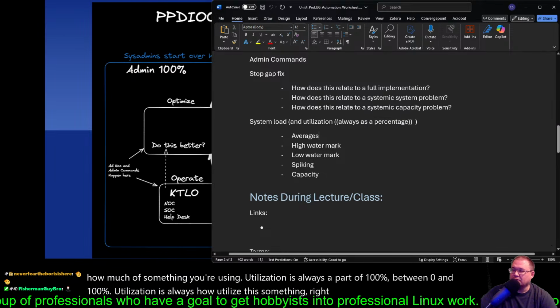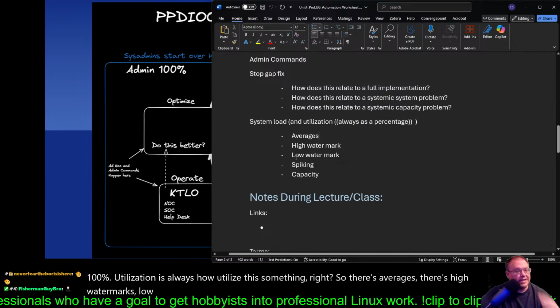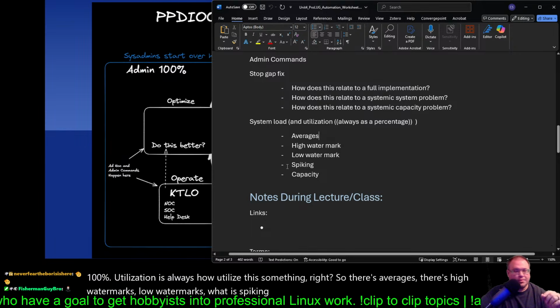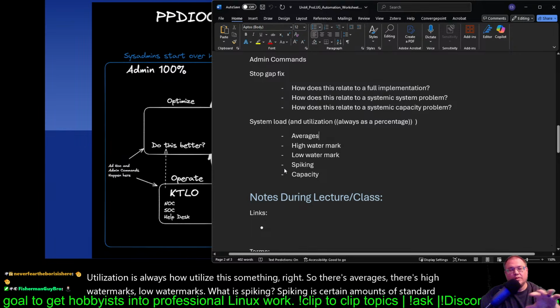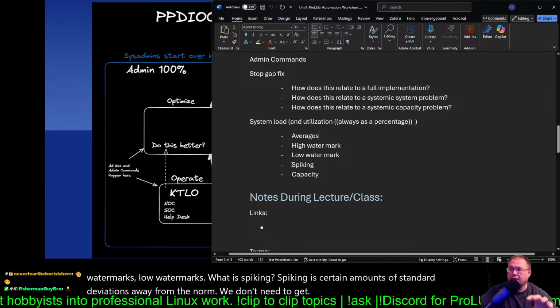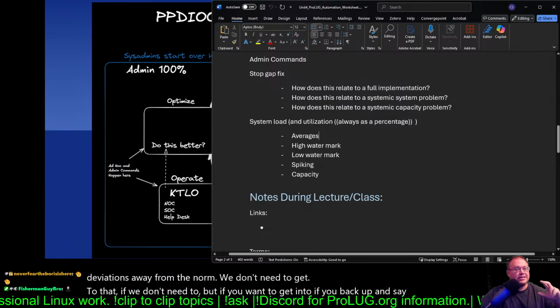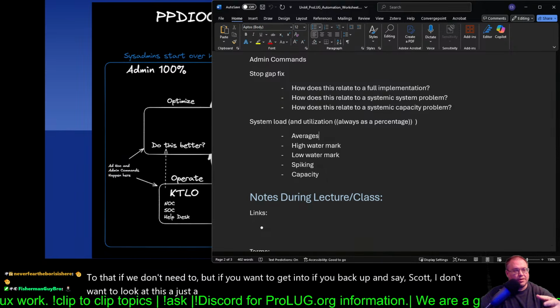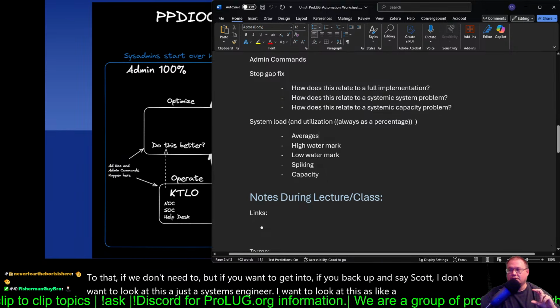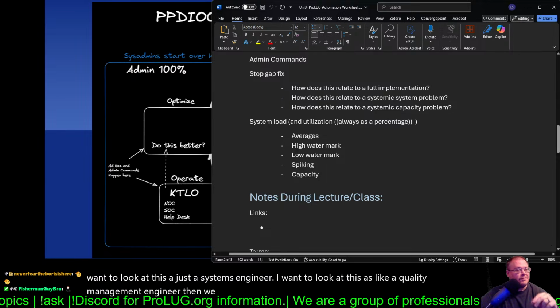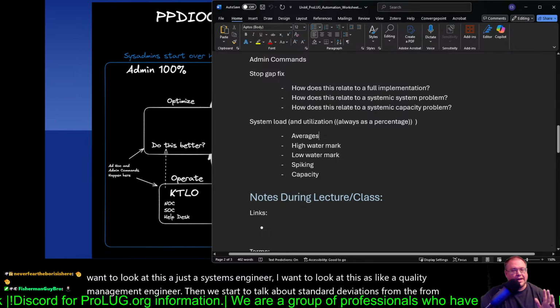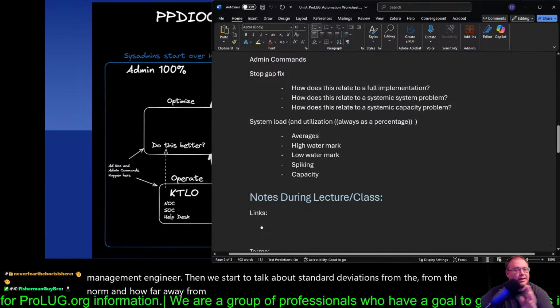So there are averages, high watermarks, and low watermarks. What is spiking? Spiking is certain amounts of standard deviations away from the norm. We don't need to get into that if we don't need to. But if you back up and say, Scott, I don't want to look at this as just a systems engineer, I want to look at this as a quality management engineer, then we start to talk about standard deviations from the norm and how far away from the mean we are.